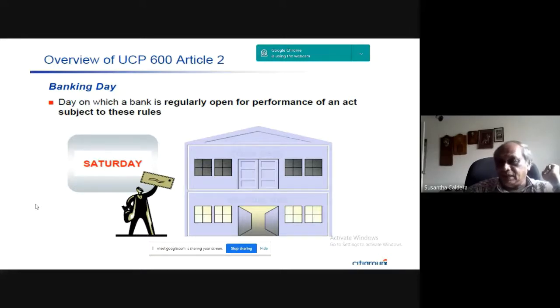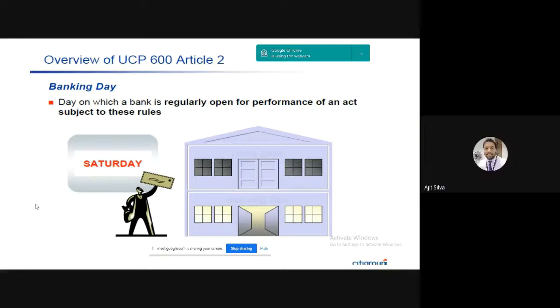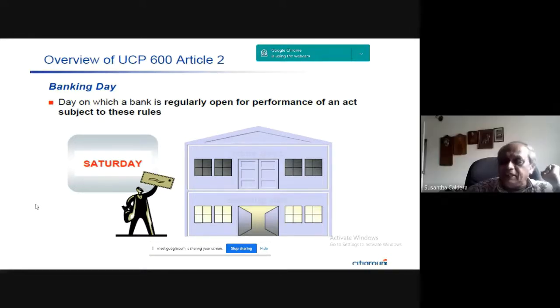Now, for example, is there anybody from Sampath Bank? What do you call those branches? Super branches. They are open on Saturday, even on Sunday, all seven days.